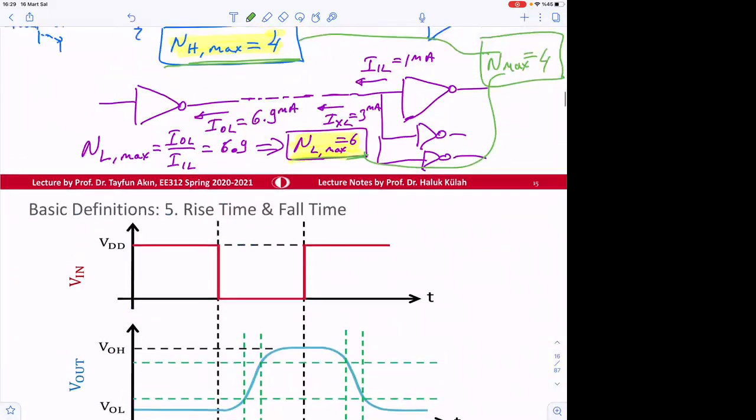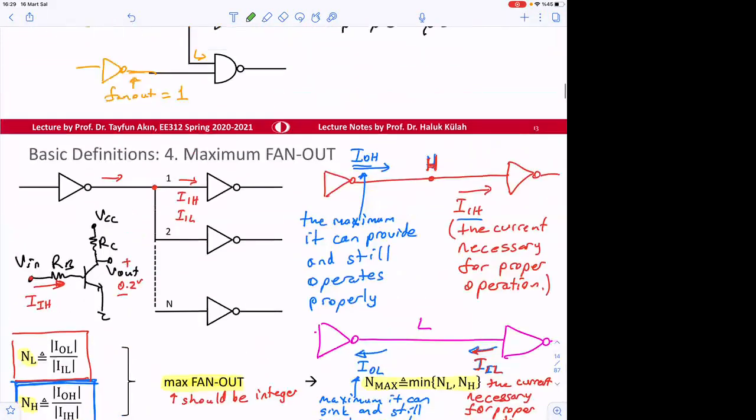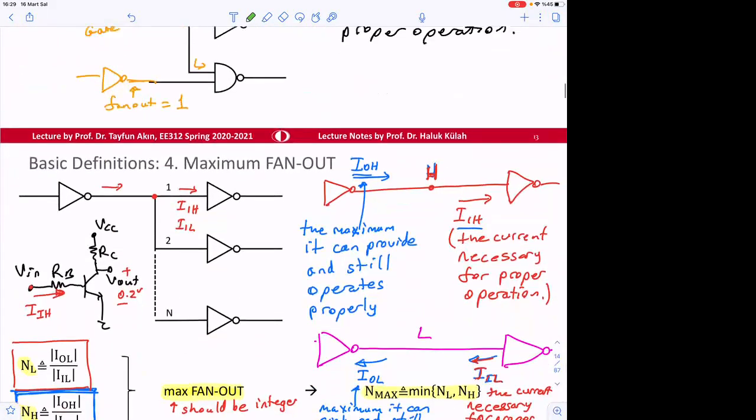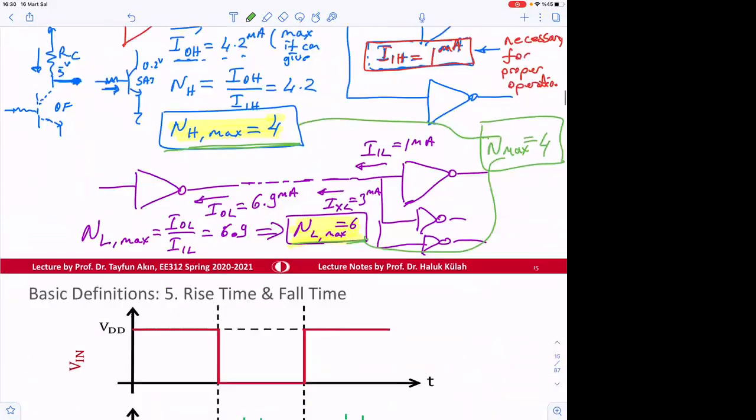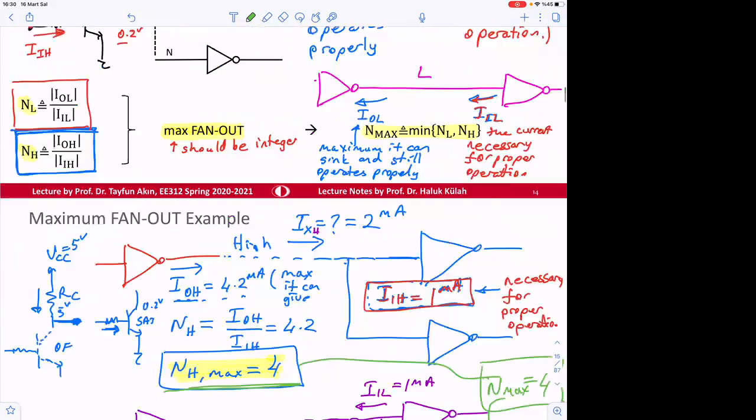Okay, so one extra thing that maybe I can mention here, or I can mention later on, is the direction of the current. If you look at the data sheets, the currents are defined according to, maybe I should draw it here.